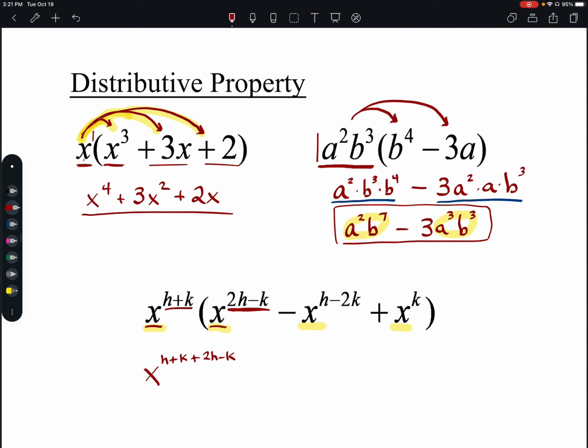Okay, and then after I've multiplied that, we'll simplify it in a moment. We're going to multiply it times this one. So, right, we're going to have a negative in between. And since it's the same base again, we're going to have just the x. And we'll have our h plus k, right, our original part up here, plus our h minus 2k.